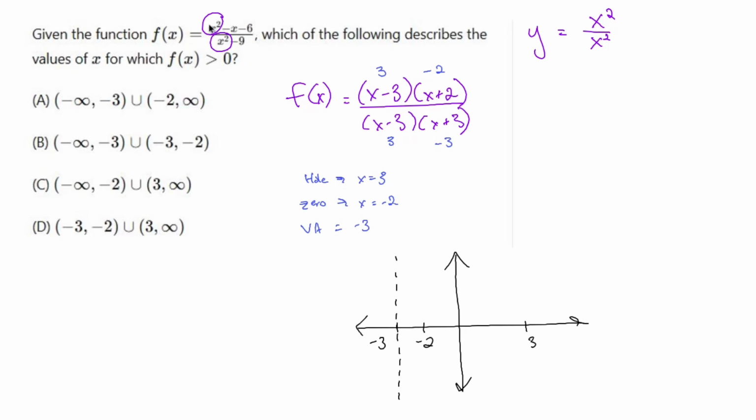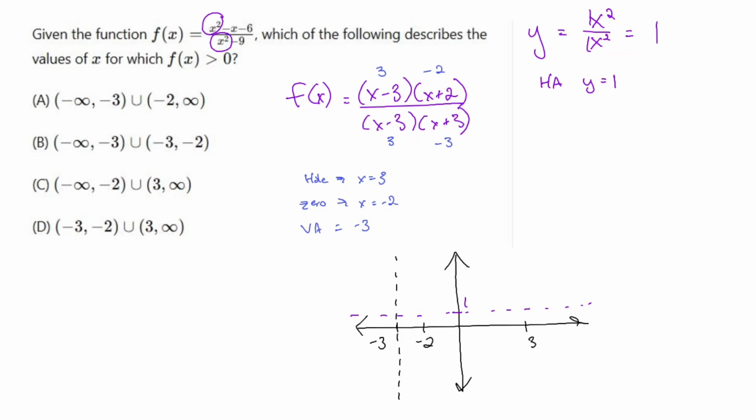You're looking for the leading coefficient divided by the leading coefficient. Each leading coefficient is 1 and 1, so I'm going to have a horizontal asymptote at y equals 1.